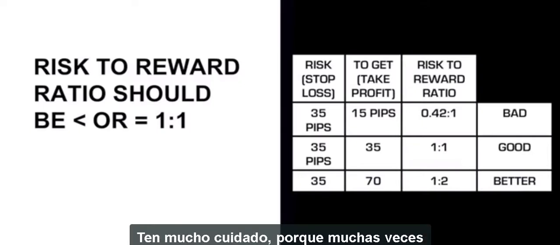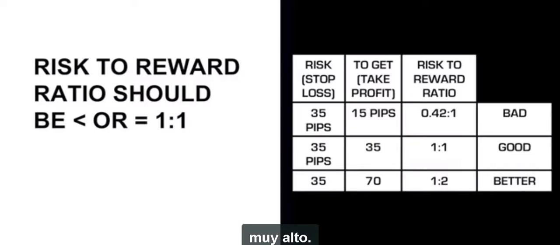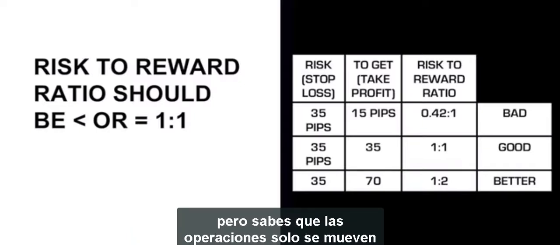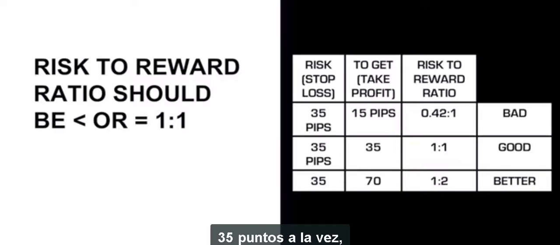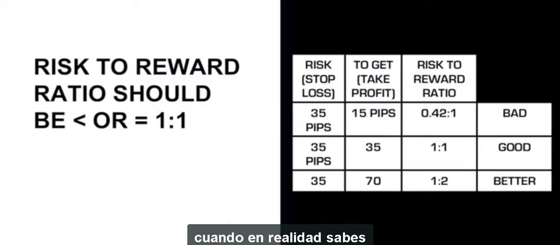Now let me go ahead and say this. Be very careful, because a lot of times you want to be like, hey, I want a nice high risk to reward ratio. So then you're like, okay, this trade, I'll risk 35 to get 200. But guys, that trade only moves like 35 pips at a time. So don't fool yourself into thinking that you're increasing your risk to reward ratio when you really know that thing only moves like 35 pips. I've done this. I got burnt.